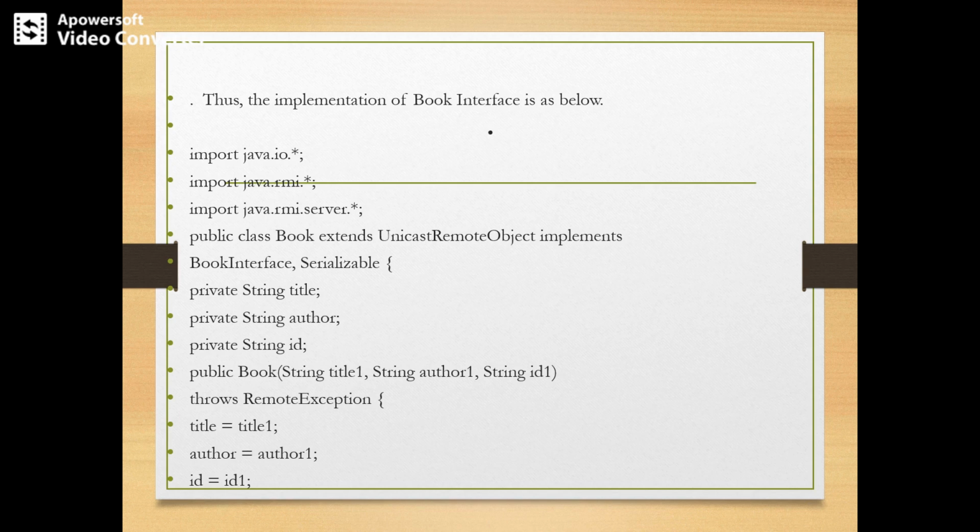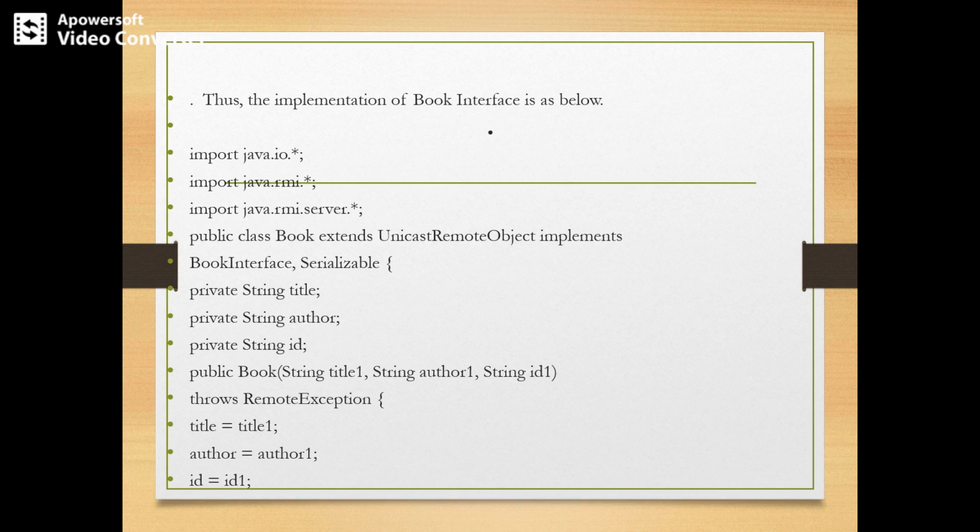Now public String getAuthor throws RemoteException, return the author. Public String getTitle throws RemoteException, return title. Author id is equal to id1.